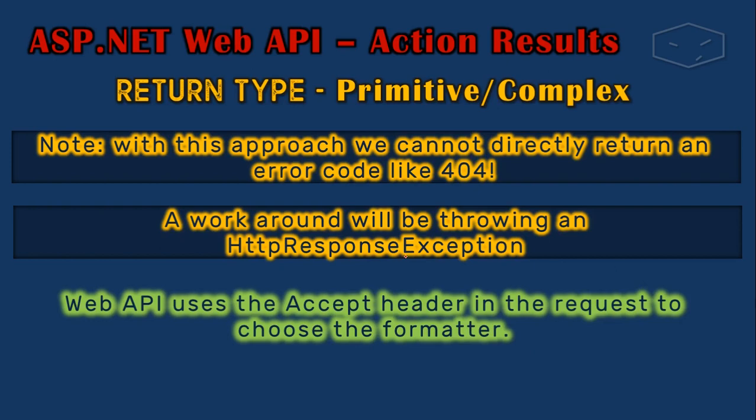This is the content negotiation part where it will choose, for example, you say I accept XML, then Web API will do the content negotiation, and if it can give you XML, it will give you XML. If not, it will give you JSON or whatever it can use to send you the response.